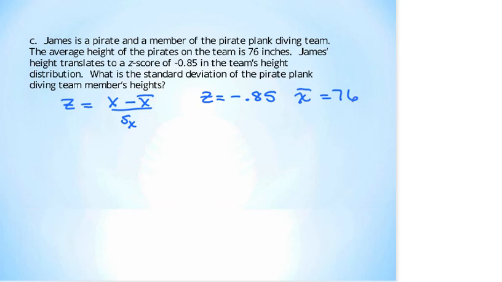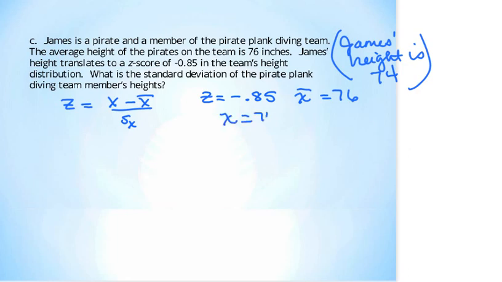And I guess I didn't tell you up here, but James's height is 74. Wow, I must have missed that. Important knowledge. And x is 74. So what are we going to do? We're just going to plug it in and solve for standard deviation. So negative 0.85 equals 74 minus 76 over standard deviation.